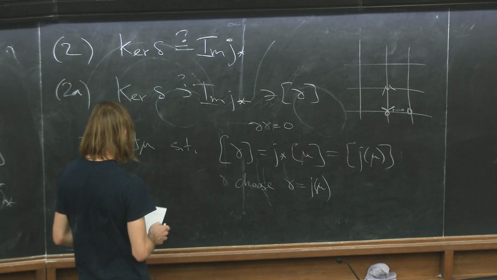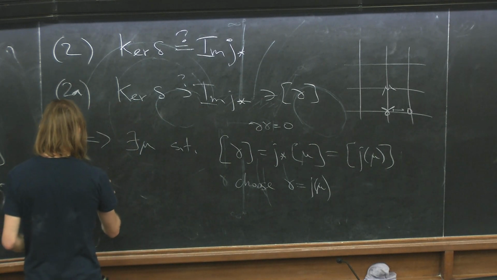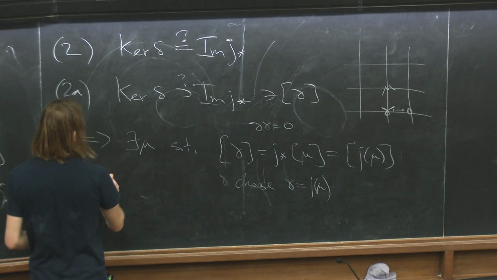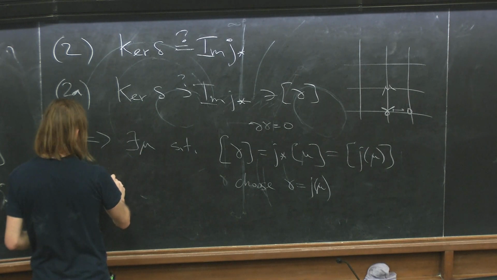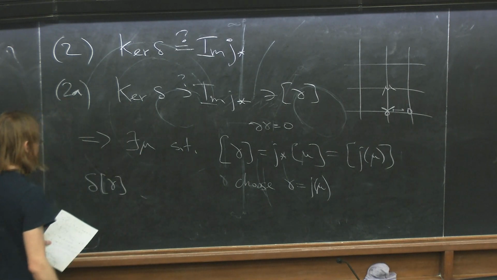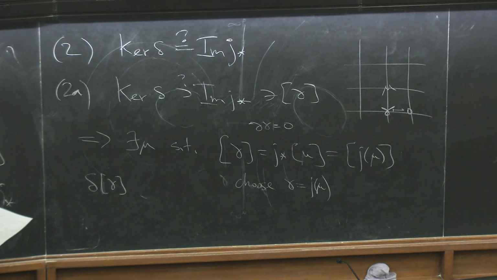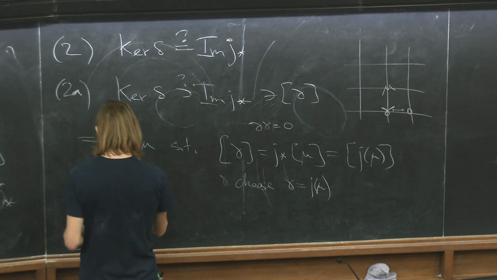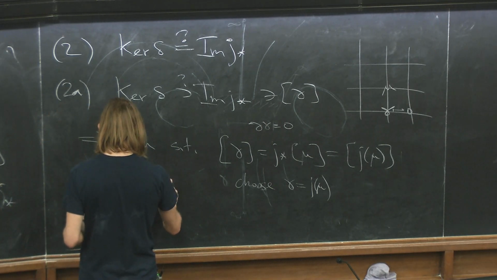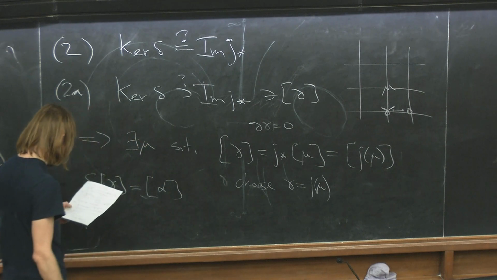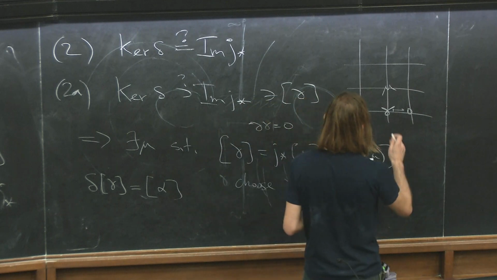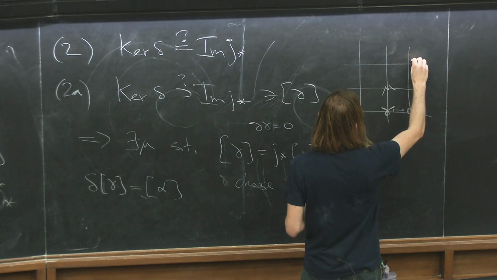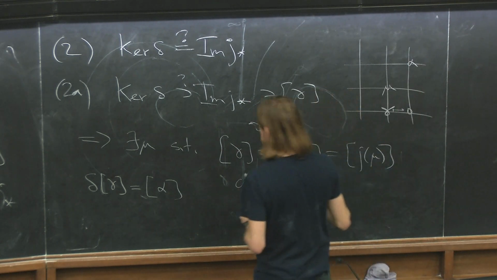Now, let's consider. So we need to check that this gamma is in the kernel of delta. So let's apply delta to this class of gamma, and by construction, it gives us some class of some element alpha, which again is determined by this system of equations.